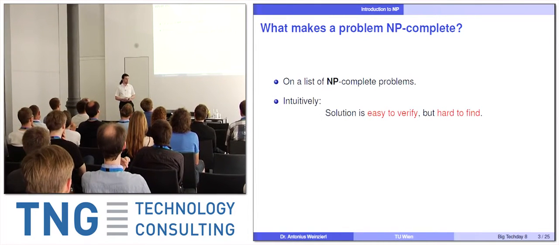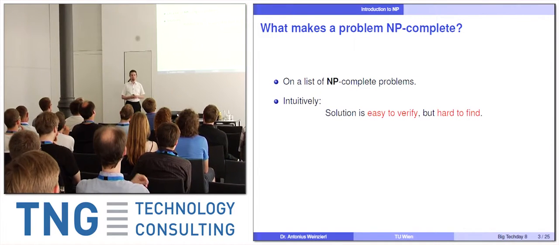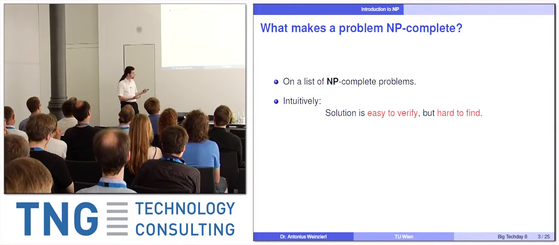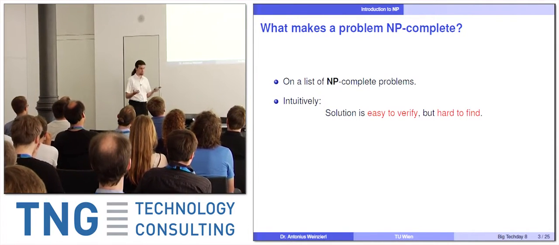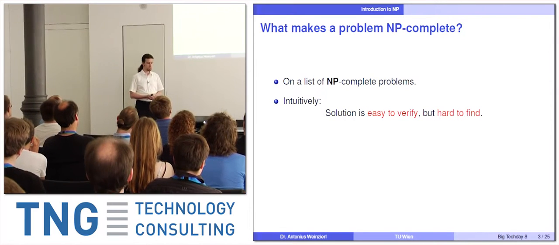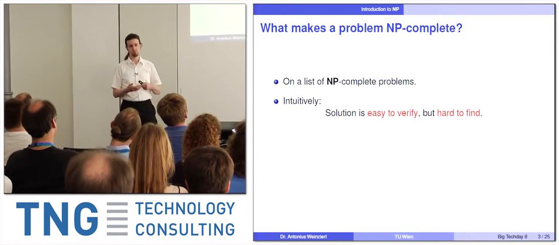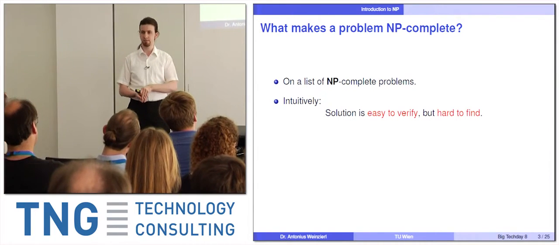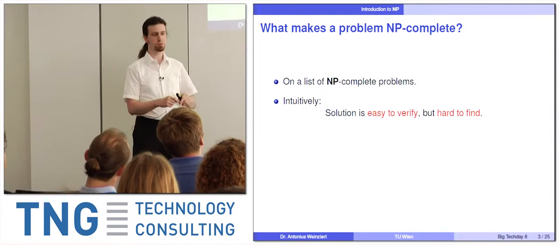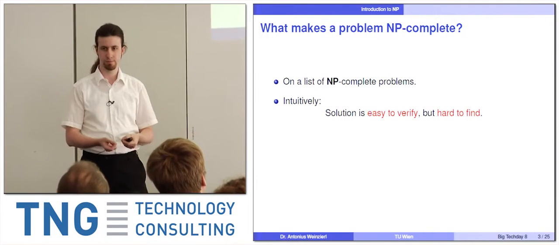Okay, so to give you an intuition, the intuitive explanation of what NP-complete problem means is that if we have a solution, it's very easy to verify that the solution is correct. But finding the solution, on the other hand, is very hard.